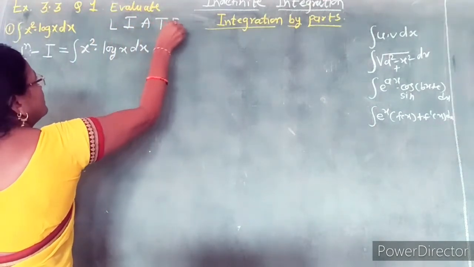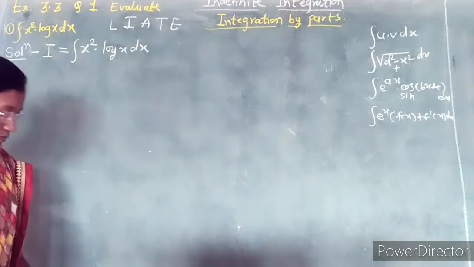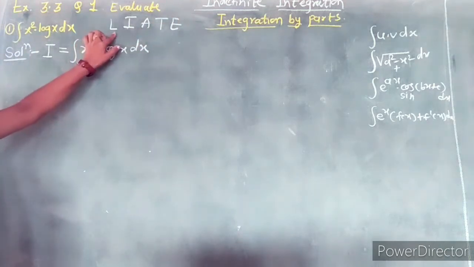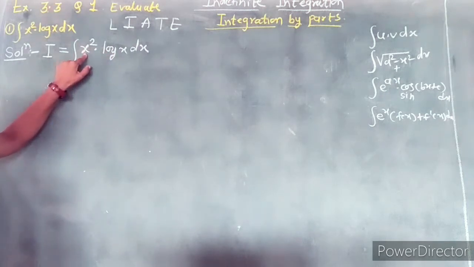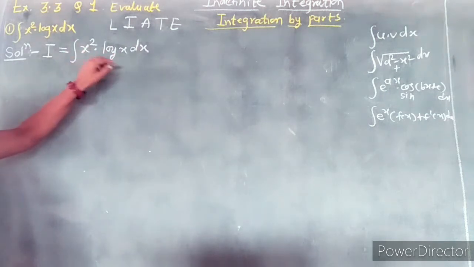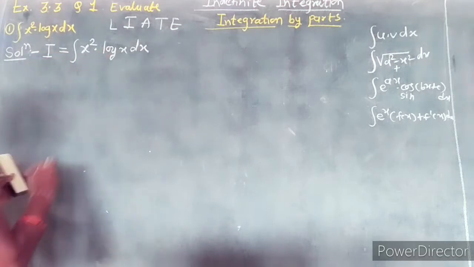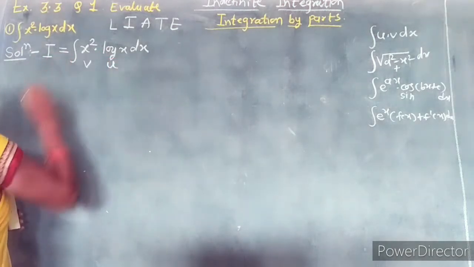By using this rule, we take the first function as logarithmic. From these two functions, one is algebraic and the second is logarithmic. So we say that u is log x and v is x square.